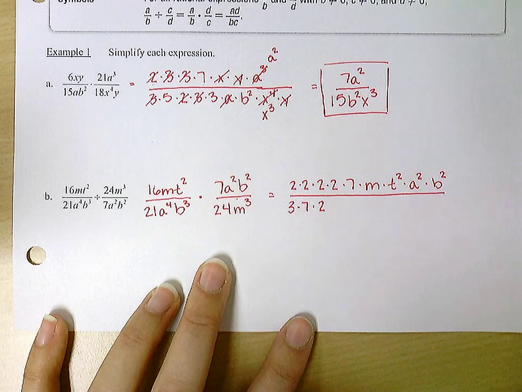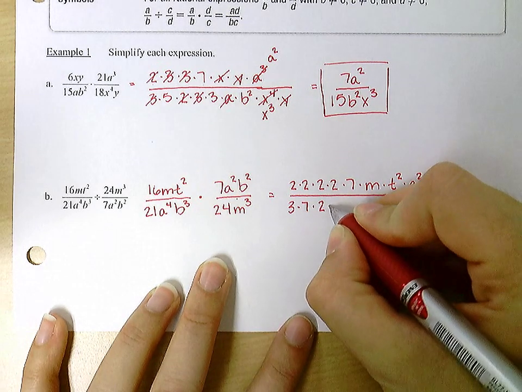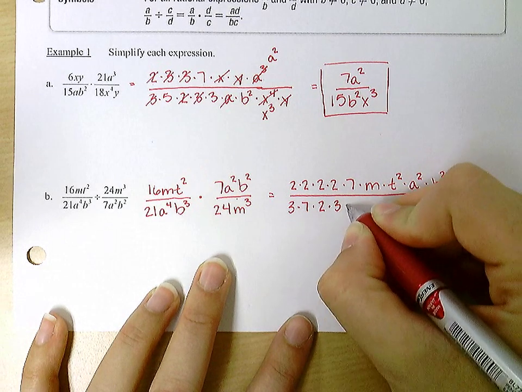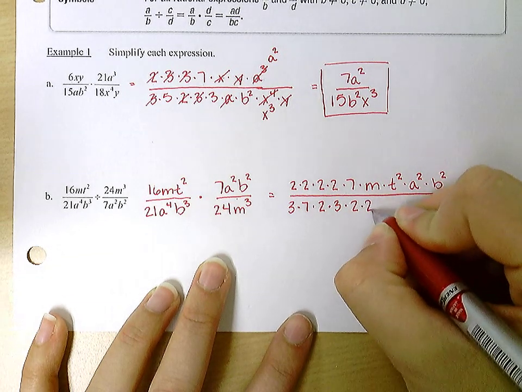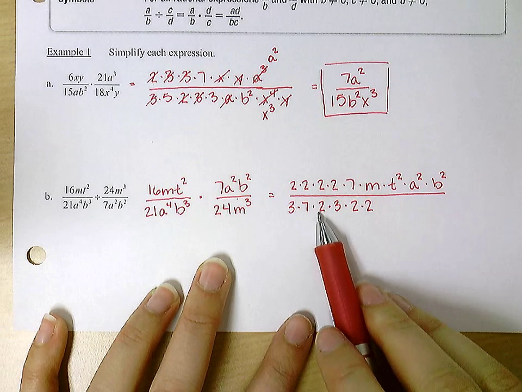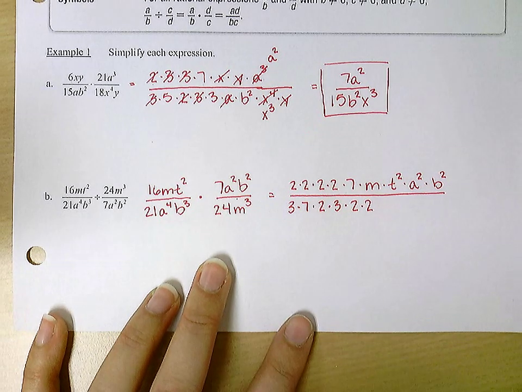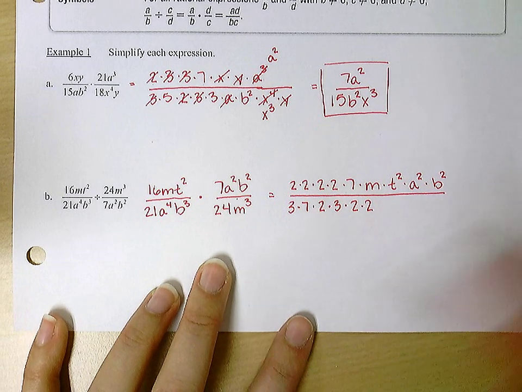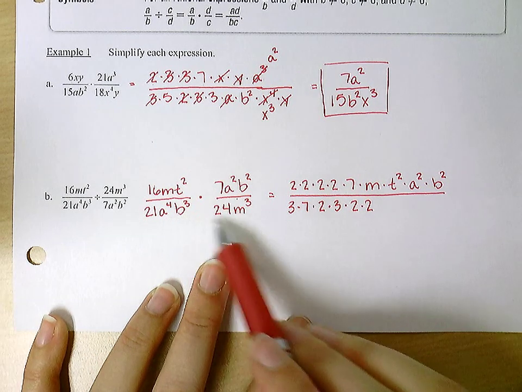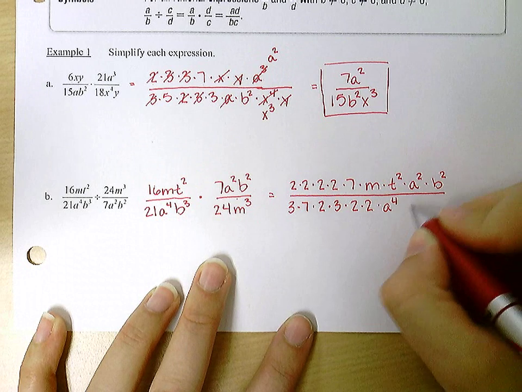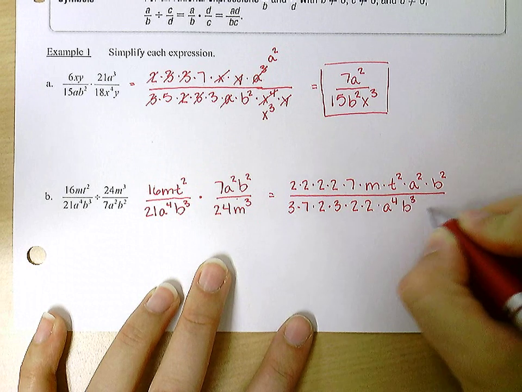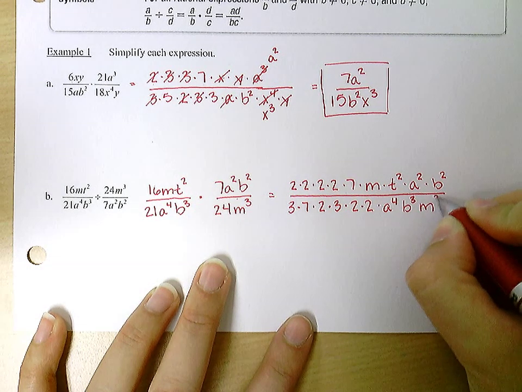And then 12 is 3 times 4, right? So we have 3 times, and then the factors of 4 are 2 and 2. So I factored out 24 to its prime numbers there. And then again, just multiplying in my variables. So a to the 4th, b cubed, and m cubed.